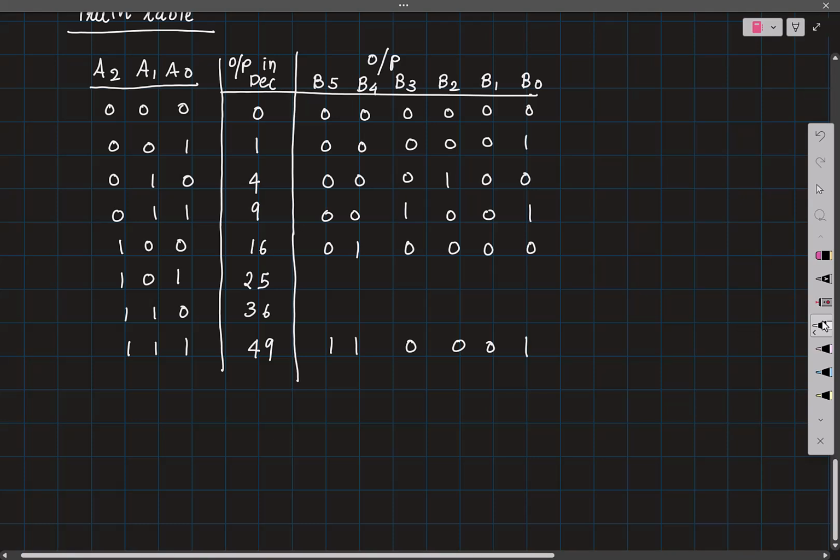So I assume that you can fill in this table. Now, after you have filled this table, right? What is the first thing that you notice? What comment can you make about B0?